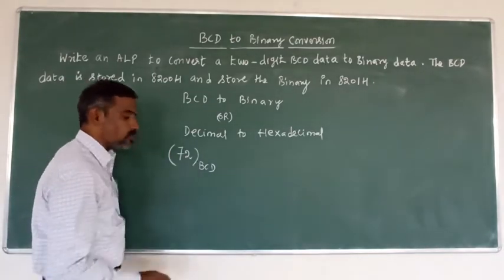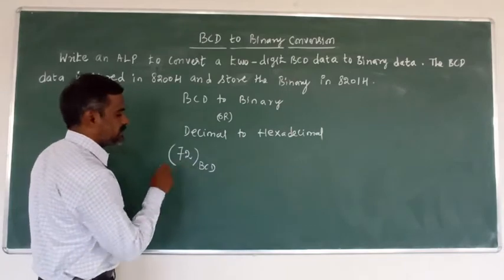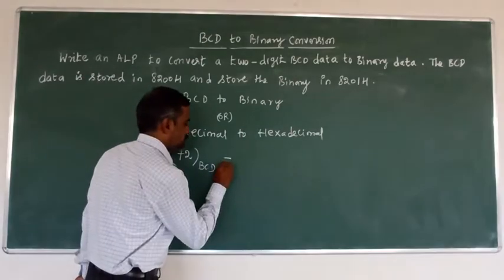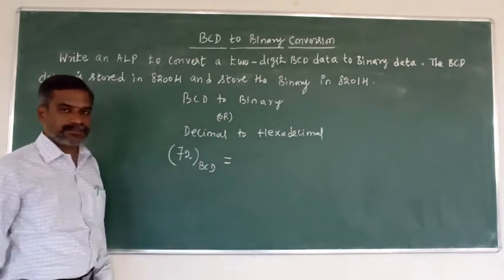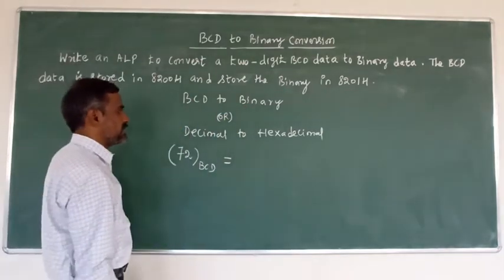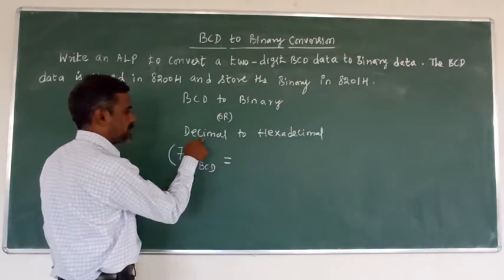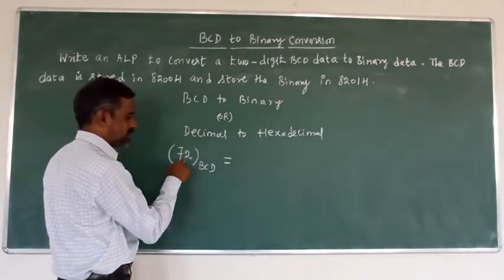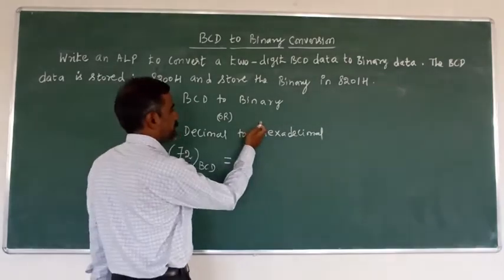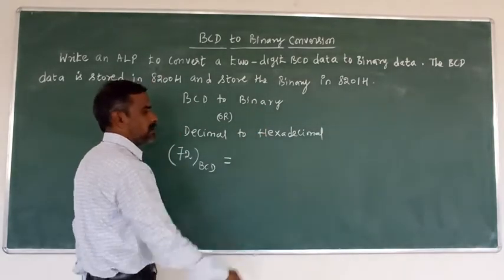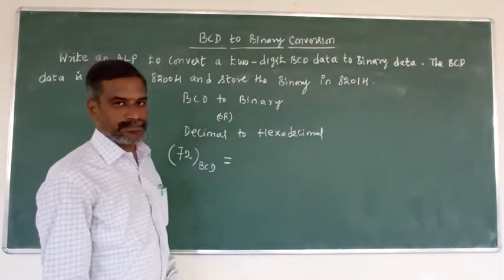Now, to convert to binary format, the corresponding decimal is 72, and we want to convert it into binary or hexadecimal format.